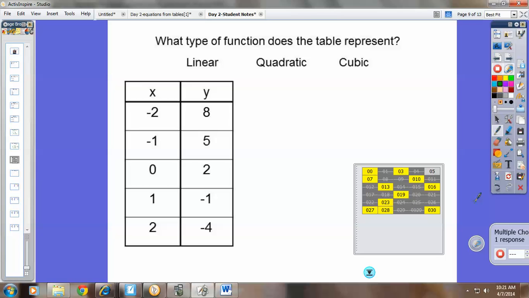Negative 2 minus 2. So that's going to tell me that that's the vertex. These are opposite from here. That's the vertex. What does that tell you? There's only one that has a vertex.